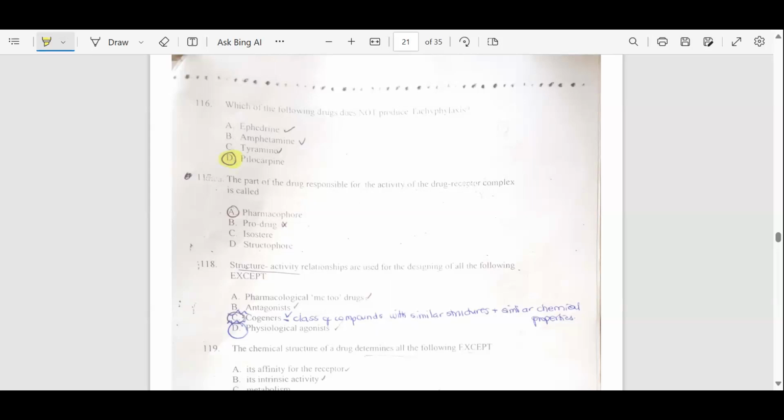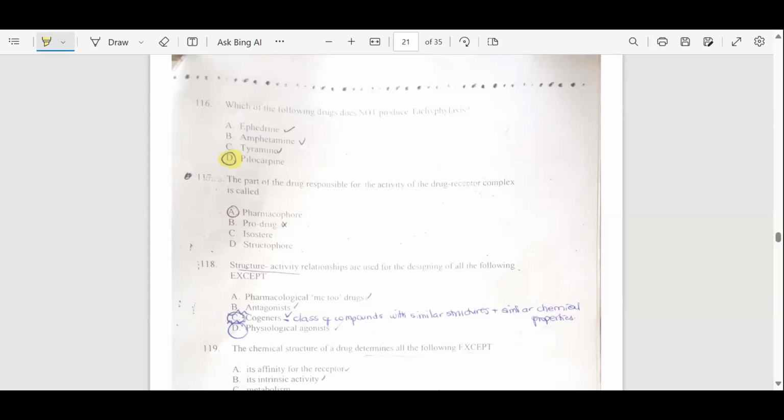I think this question had answers that were confusing people. ChatGPT was saying that although pilocarpine might not produce tachyphylaxis, there is some degree of desensitization in chronic use.